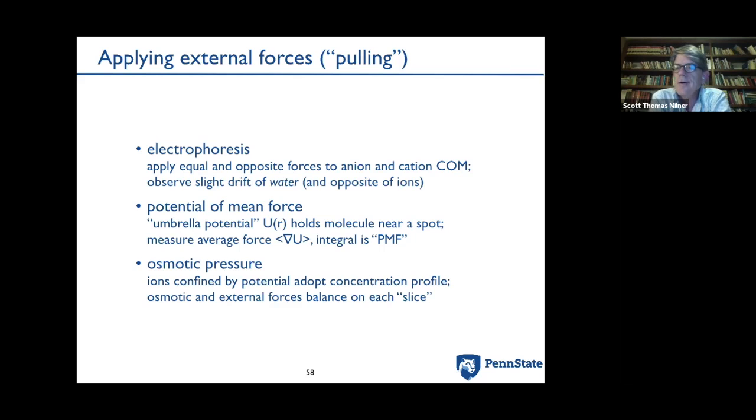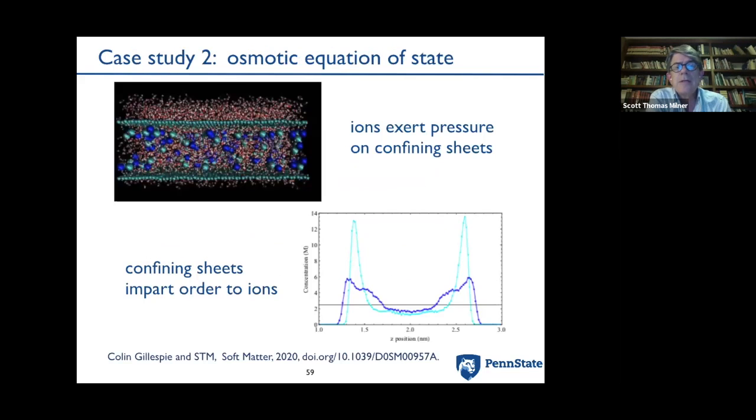And these sheets are things that could only exist in a simulation, because we can make, for example, graphene-like sheets that are invisible to water but repulsive to ions. And so they do a perfect job of confining things. And furthermore, we wrap them around the periodic boundary so that they are under tension and nice and flat. So what I'm talking about looks like this.